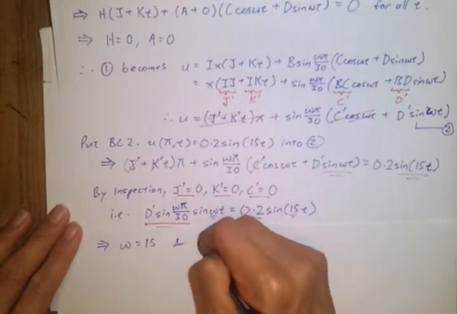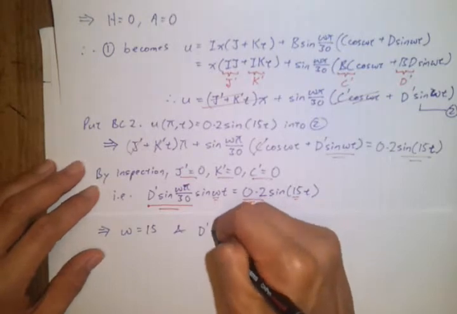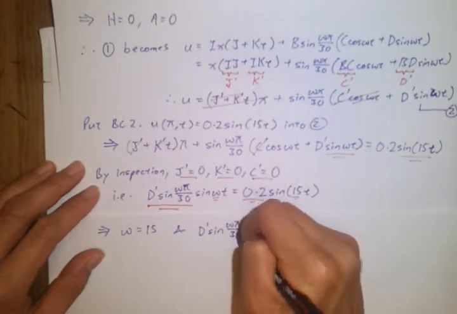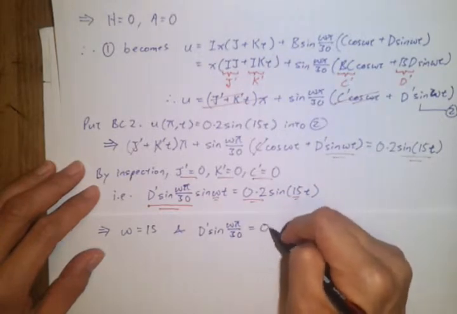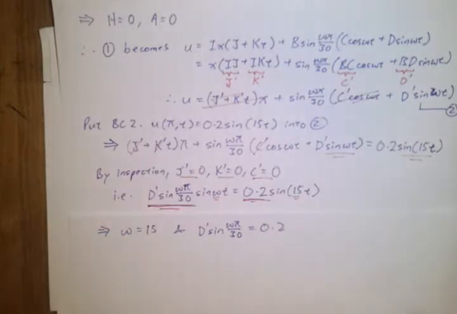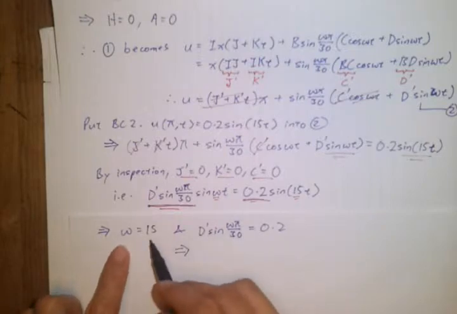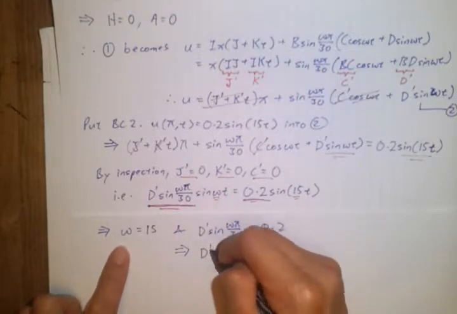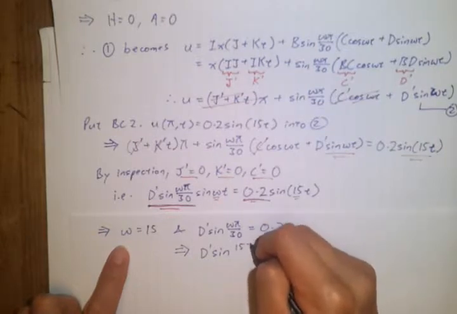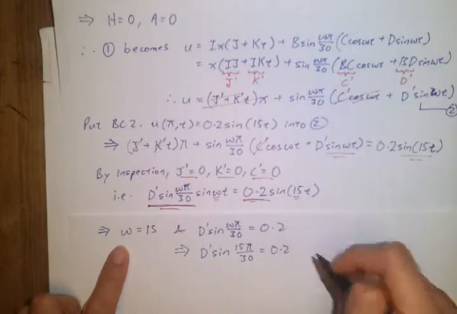So d prime times sine omega pi over 30 must be equal to 0.2. You already know omega is 15, so d prime sine 15 pi over 30 is 0.2.